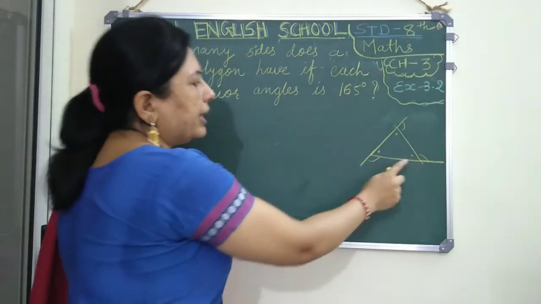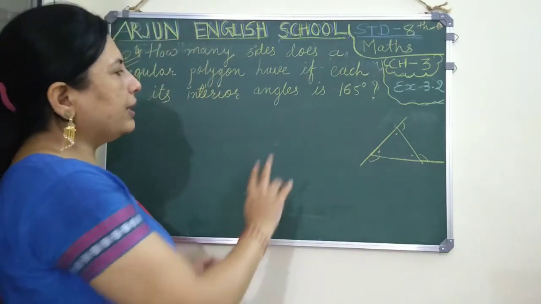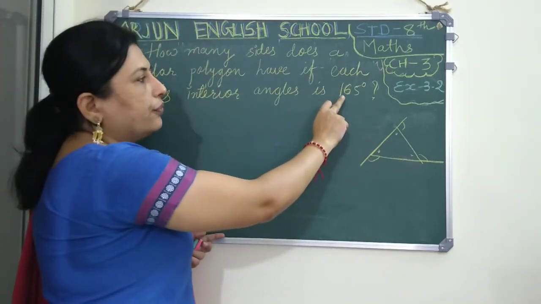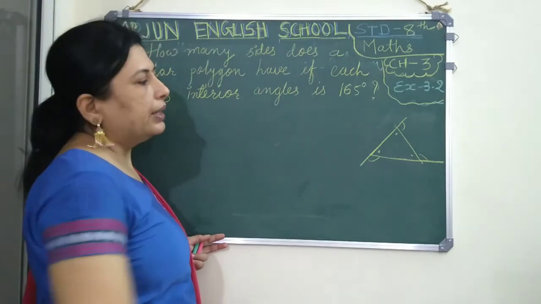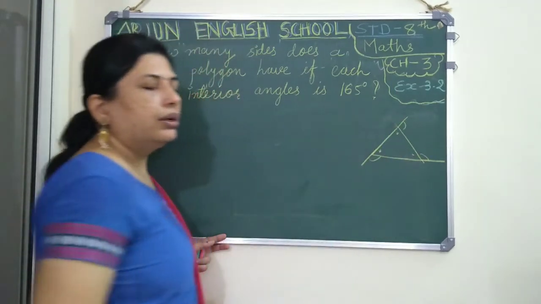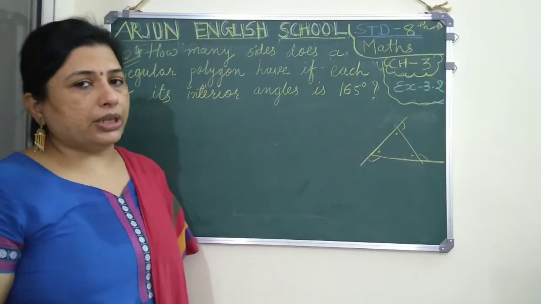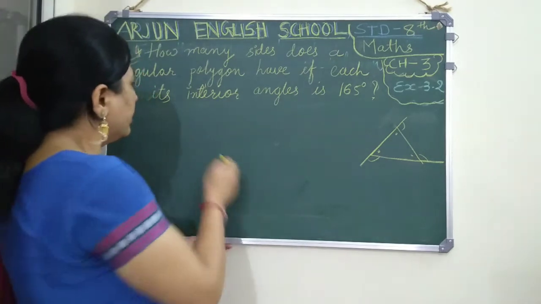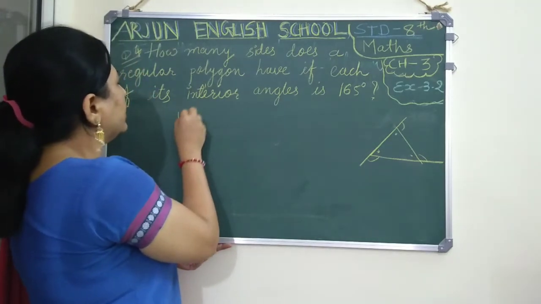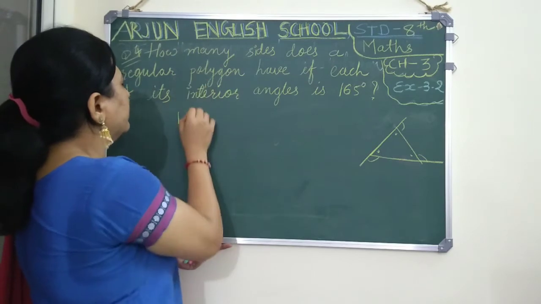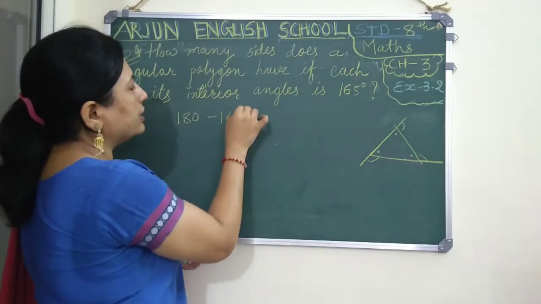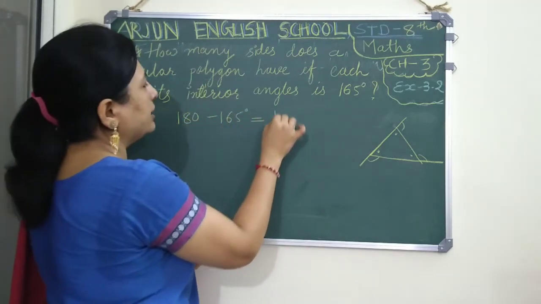So, if each of these polygon having interior angle of 165 degree, then we can find out each exterior angle with the help of 180 minus 165 degree, that is 15.